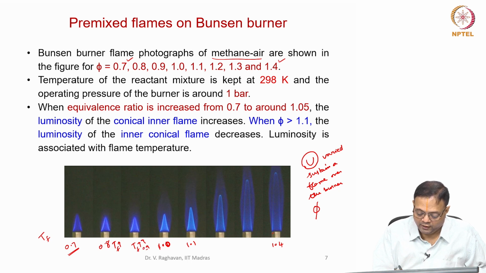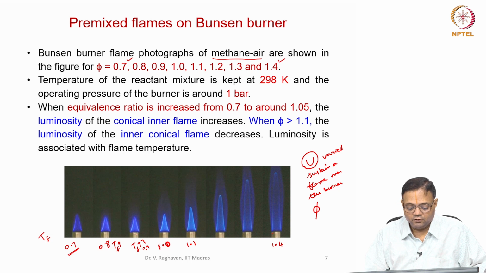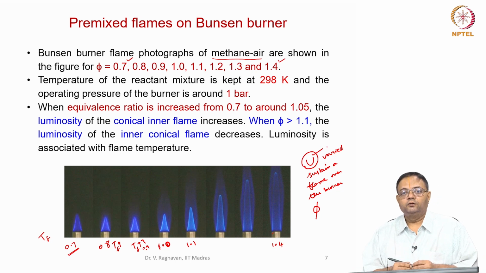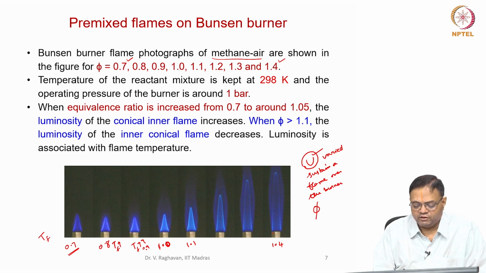If you compare the 0.9 case to the 0.8 case, the bright blue color is increased, and the flame height etc. are different. Please understand that this is because of the U variation; U is actually varied to sustain this flame, so U is not the same. Anyway, with the help of U only we will calculate SL.